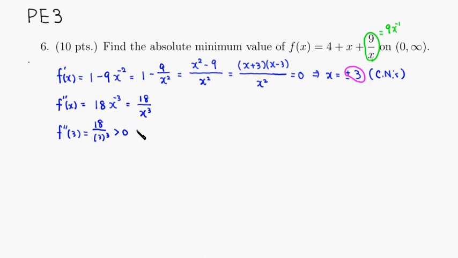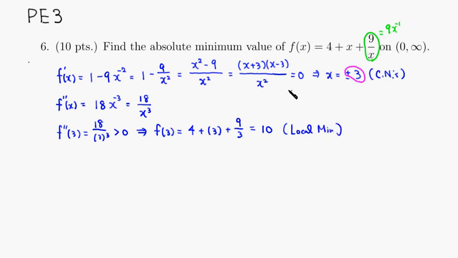This means that by the second derivative test, f of 3, which we compute as 4 plus 3 plus 9 over 3, that's 7 and 3, so it's 10, is a local minimum.